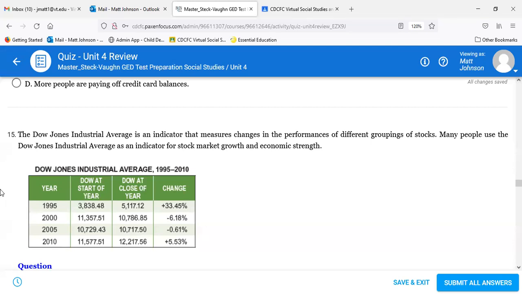It didn't grow, it shrunk. 2005, same thing. It shrunk less, but it still shrunk by about 10 or 12 points, so that was a 0.61% change. 2010, back on track, right? So 11,000 to 12,217, we had about a 5.5% change. So that's one of the economic indicators.